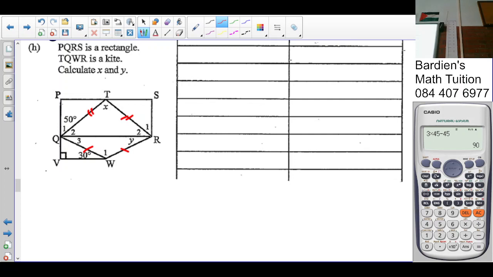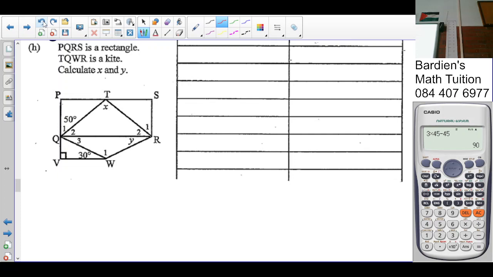So if this is a rectangle, then that is going to be 90 degrees. So that means I can calculate Q2. Q2 is the same as R2. Then I can calculate x, sum of triangles. You all agree with that? Okay, so let's go.